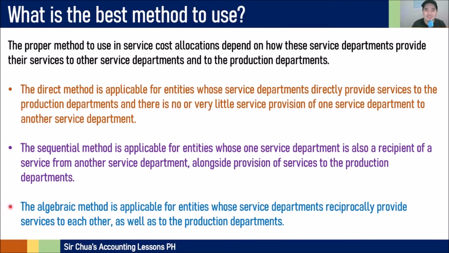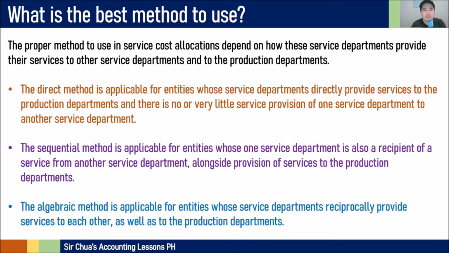Human resource personnel can eat there, and then yung production department 1 and 2 employees or workers can eat also in the cafeteria. So, nagbibigayan ng service si human resource to cafeteria and cafeteria to human resource. So, dahil meron silang reciprocal provision of services as well as yung pagbibigay din nila ng services to the production departments, then that's the time that you will be using the algebraic method.